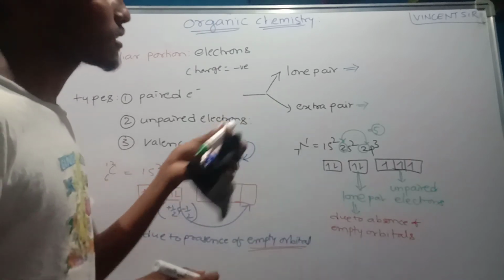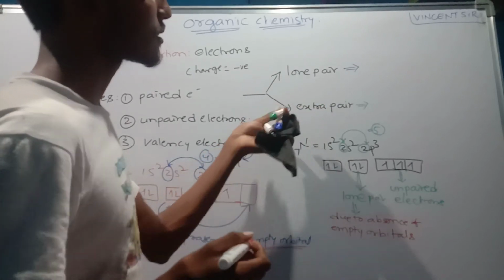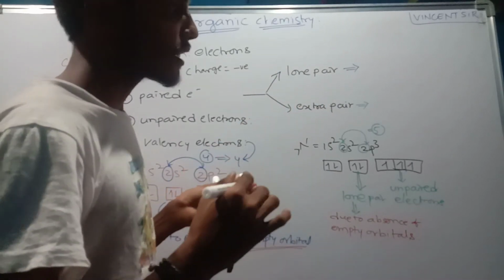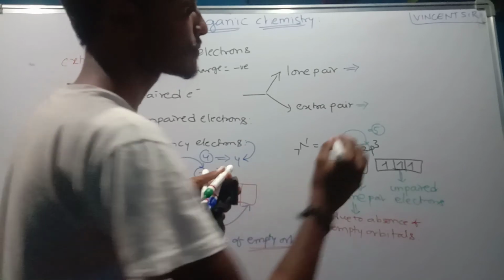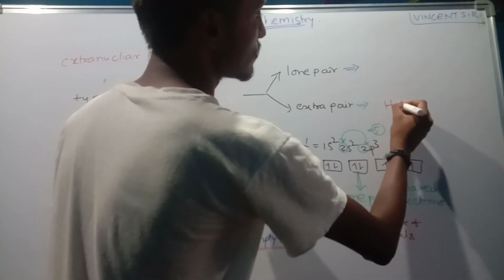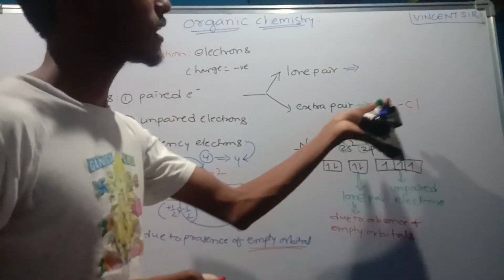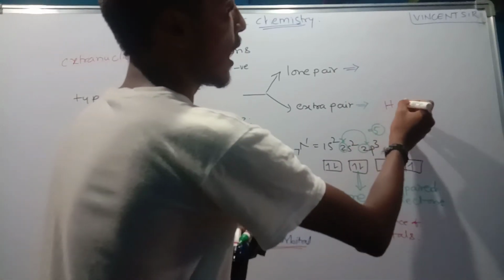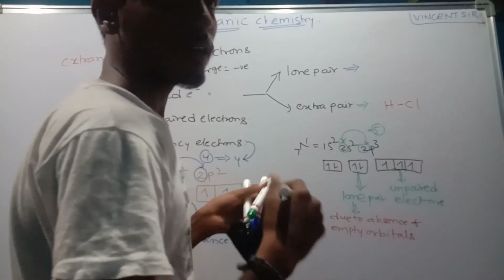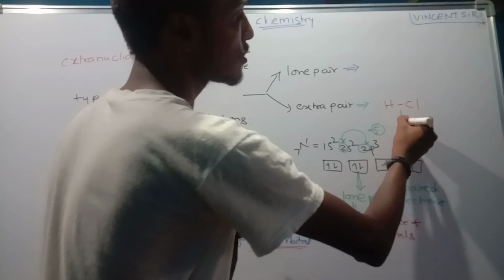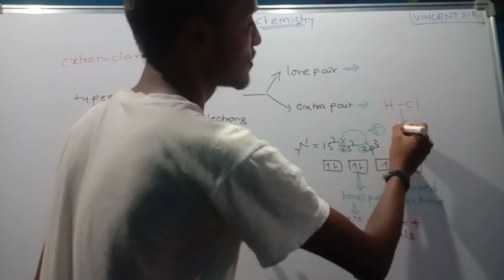And what is the extra pair? Extra pair means when an atom is involved in bonding, let's consider H and Cl. After involving in bonding, it undergoes heterolysis.